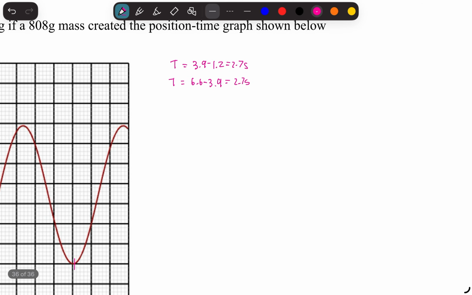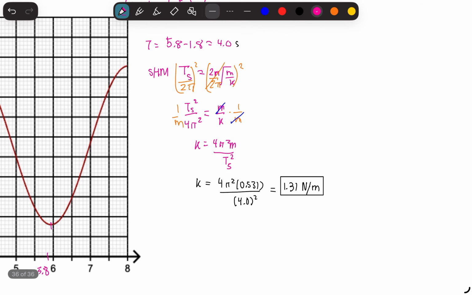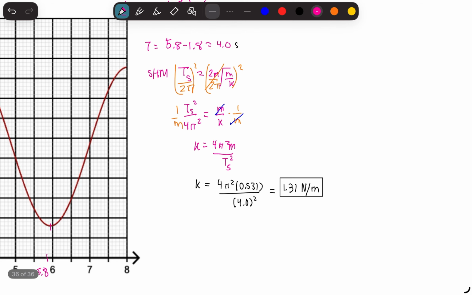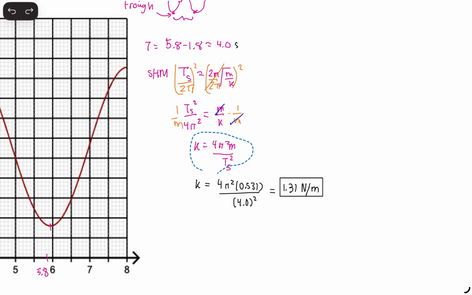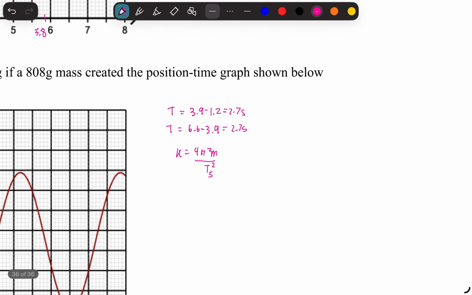Now you can use your period formula and rearrange it. We already did that proof over here. You can see here that's your period formula, and then we rearranged it to get k. So you're just going to keep plugging in: 4 pi squared m.